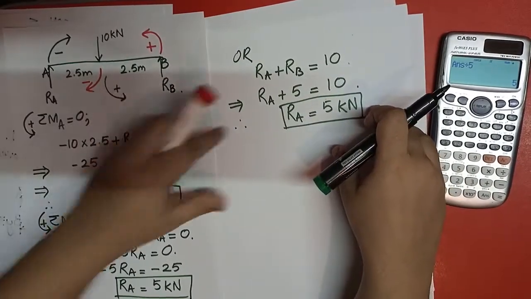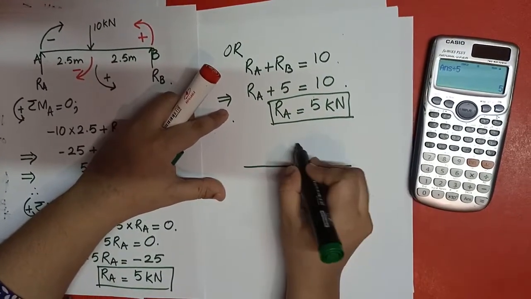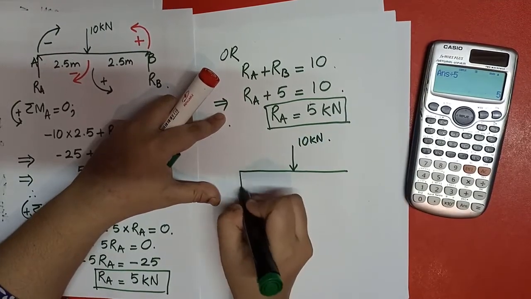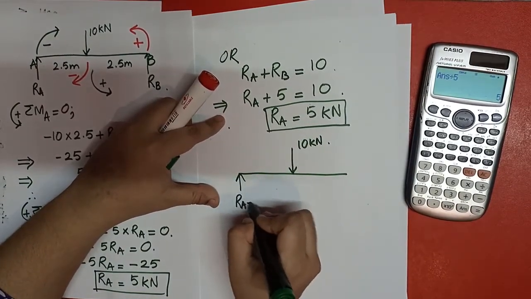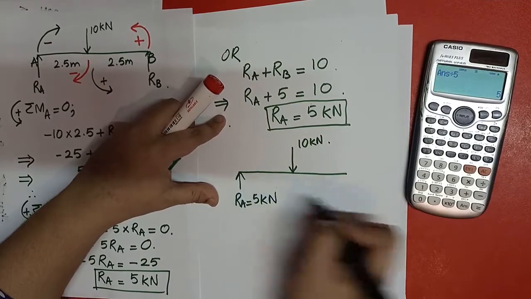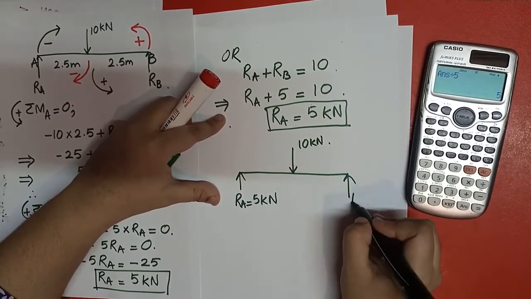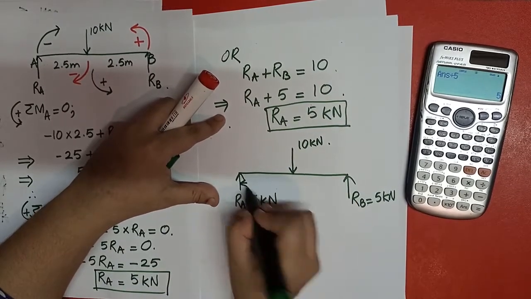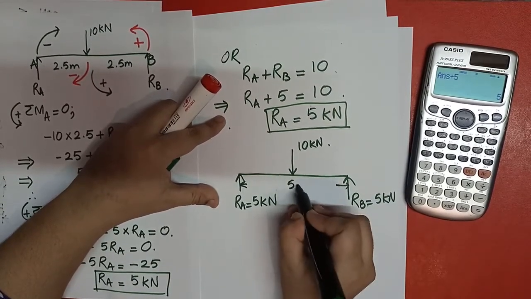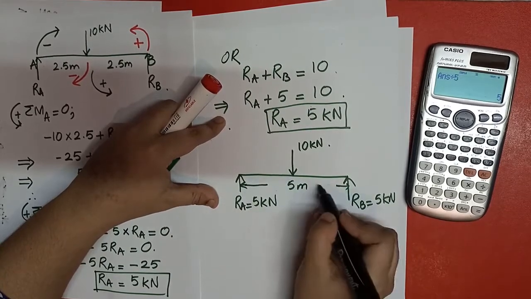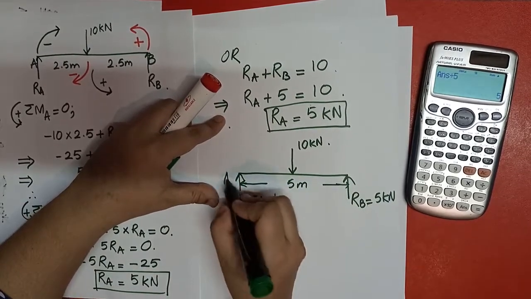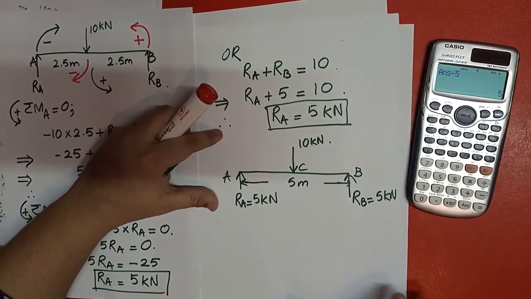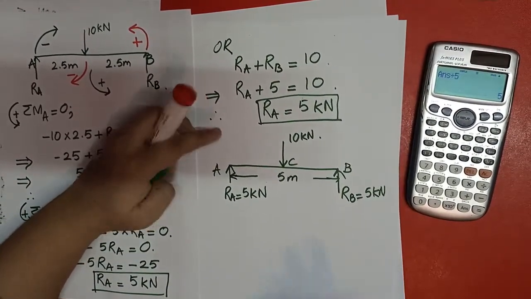For example, if this is 10 kilonewton, then RA is equal to 5 kilonewton and RB is equal to 5 kilonewton, and the total distance of the beam is 5 meter. If I call this A, this C and this B, the distance between A and C is 2.5 meter and C to B is also 2.5 meter.